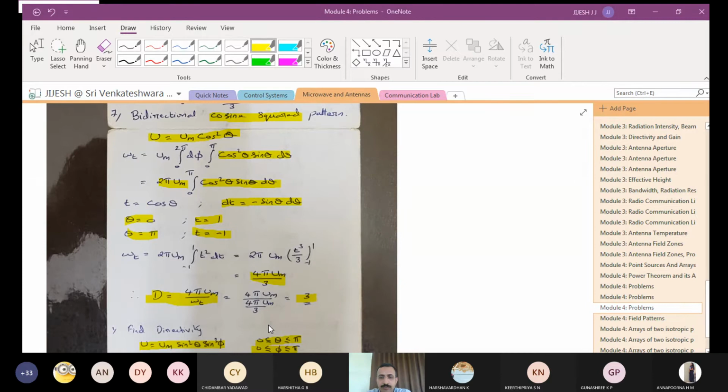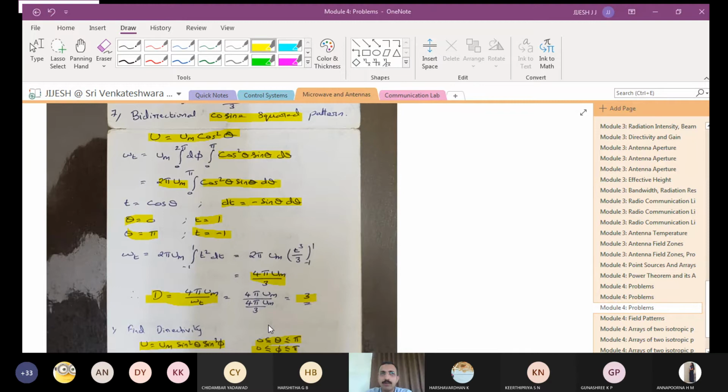The limits are from 0 to pi for both theta and phi. You should be very careful in the problem: if the limits are given, you should stick to those limits only.